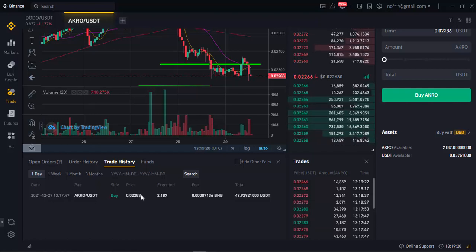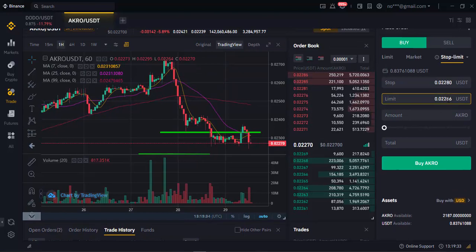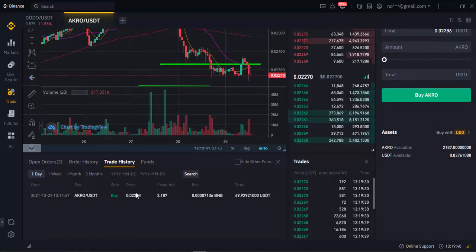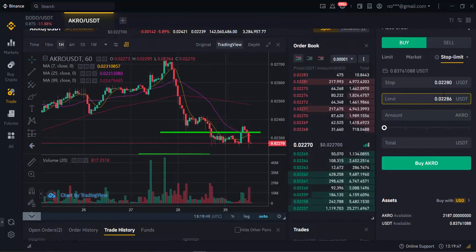We made use of 0.02280 and 0.02286 as the limit price. So the price it's now executed at is in between the two prices, which is 0.02283, in between the stop price and the limit price.